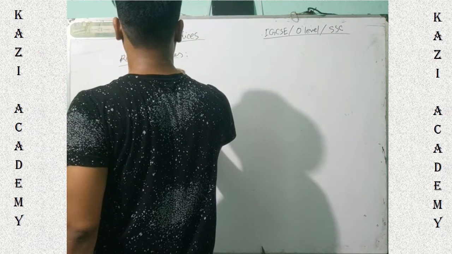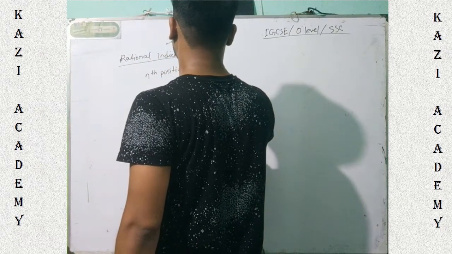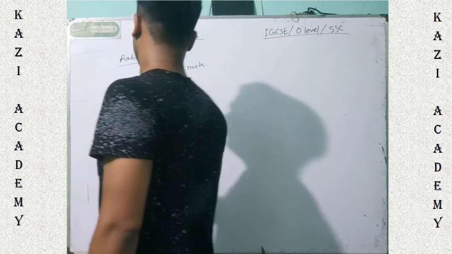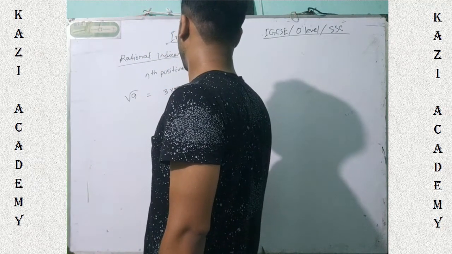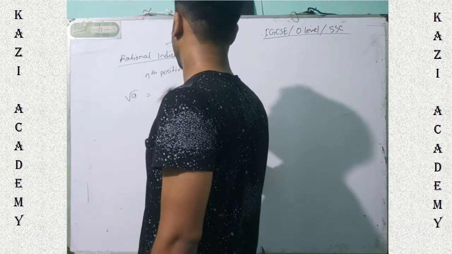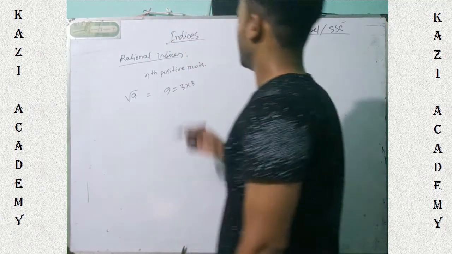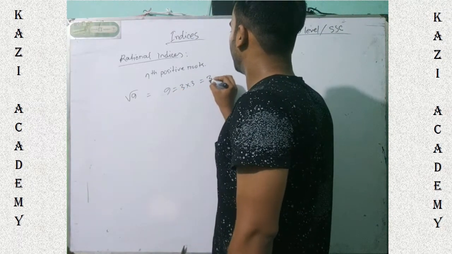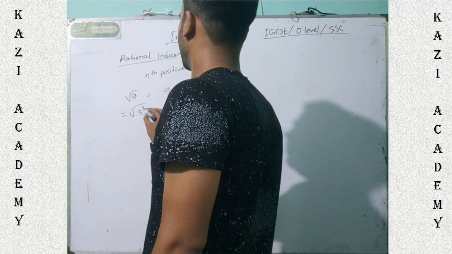Rational indices for positive roots. Actually if we write root 9, it means 3 times 3. That means 9 is a perfect square number, so we can write 3 square.